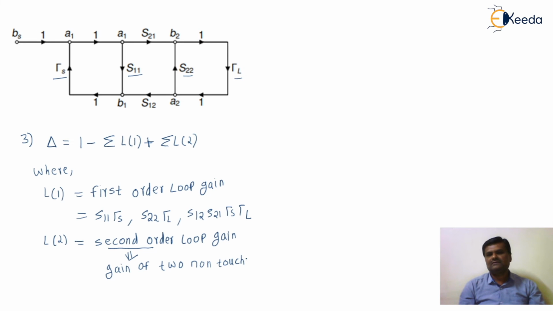If you see from the figure, there are two non-touching loops, the first and the second. So the gain of both is S11 gamma S multiplied by S22 gamma L. Okay, so this is the gain of two non-touching loops.